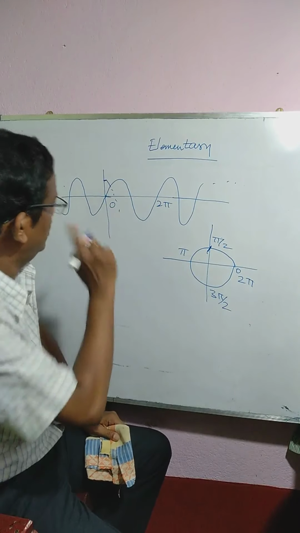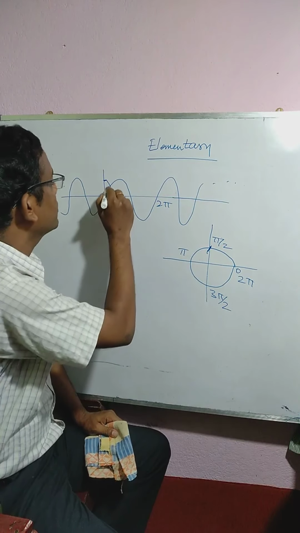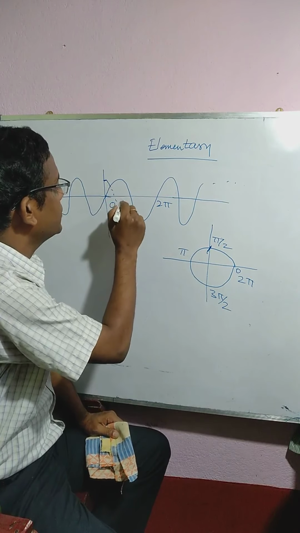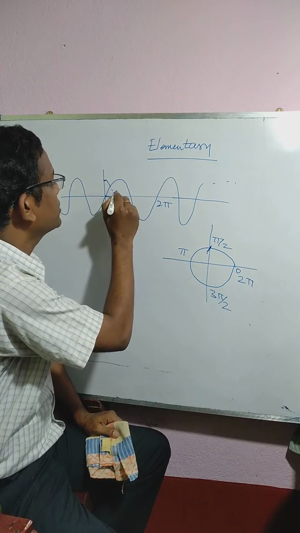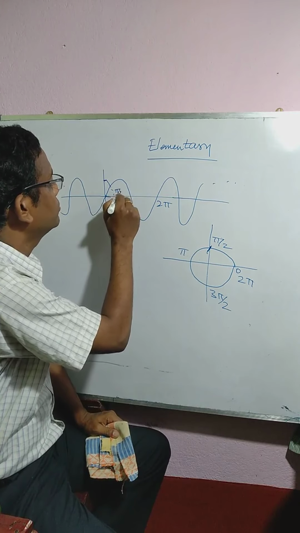If you want to draw the value of cos at 90 degrees, that means pi by 2, the value is 0.